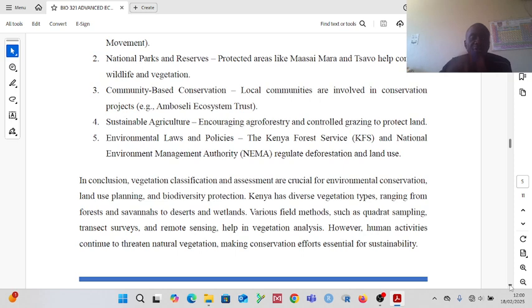So in conclusion, vegetation classification and assessment are crucial in the conservation of our environment.